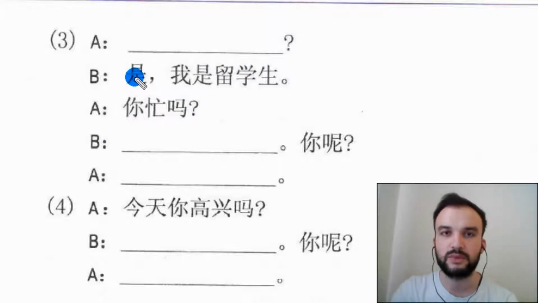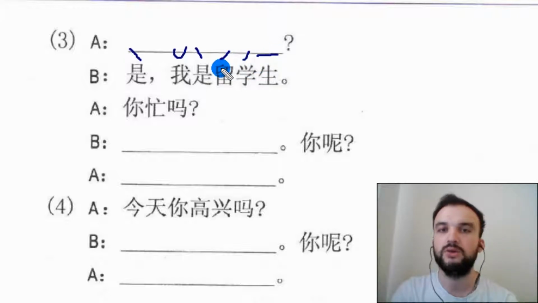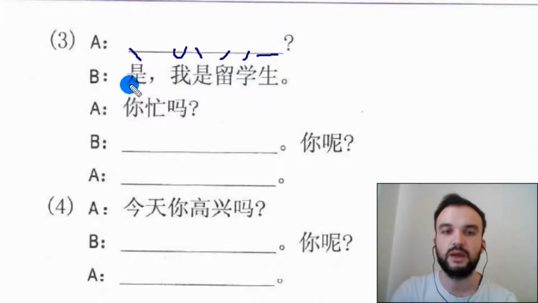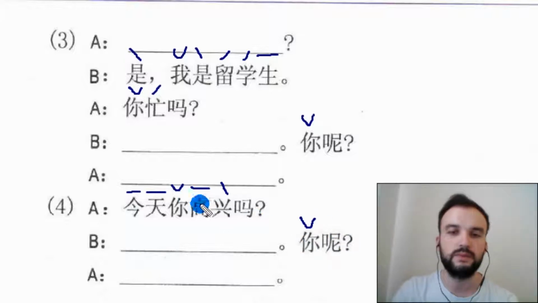Here, shi, fourth tone; wo, shi; liu, second tone, xue, second tone, sheng, liu xue sheng, foreigner student; ni, mang, 你忙吗; 你呢. 今天你高兴吗 doesn't have tone marks, so here 你呢. Okay.